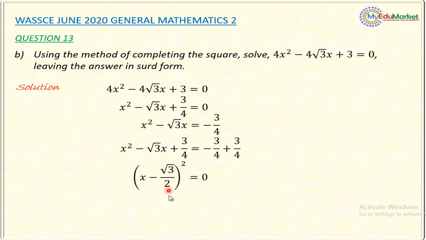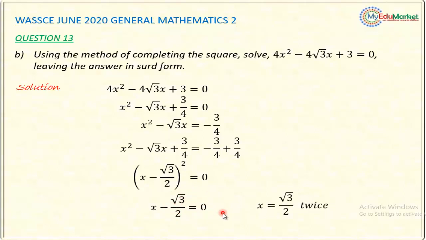If I continue, I'll now take the square root of both sides. Taking the square root of the left hand side, the square root will cancel the power 2. So I have only x minus root 3 over 2, and the square root of 0 is still 0. Then I'll take this to the right hand side.